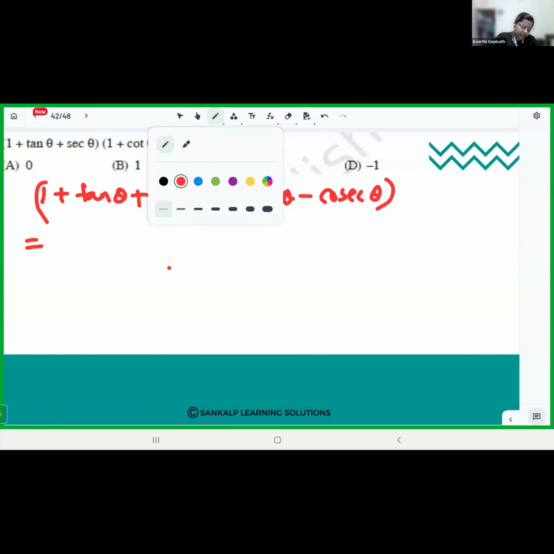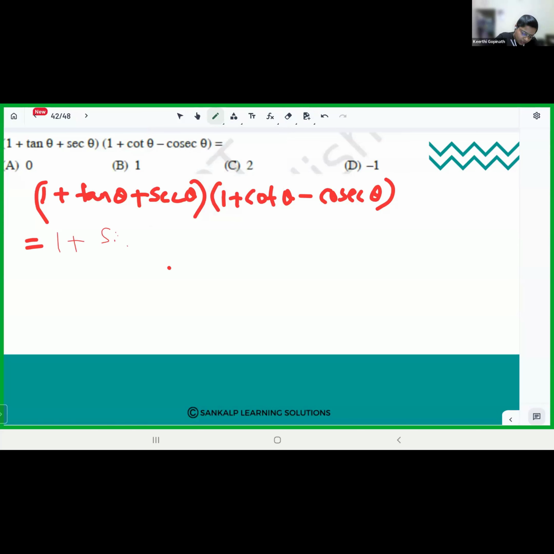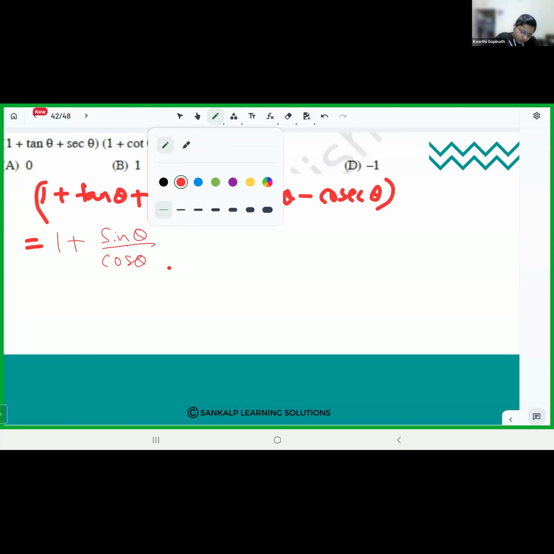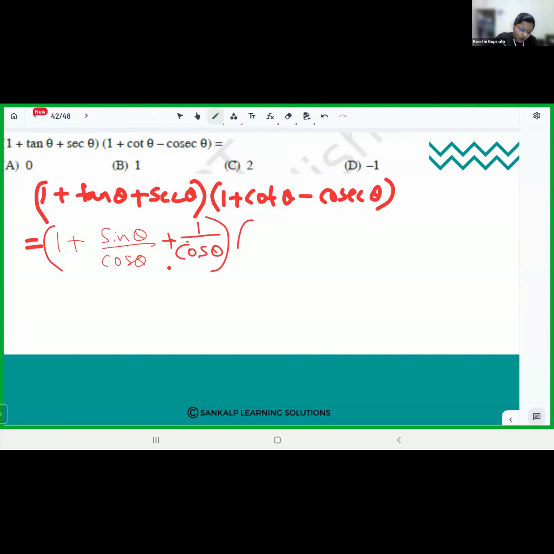This can be written as: tan theta can be written as sin theta by cos theta, so 1 plus sin theta by cos theta plus sec theta, which is 1 by cos theta, into 1 plus cot theta, which is cos theta by sin theta, minus cosec theta, which is 1 by sin theta.